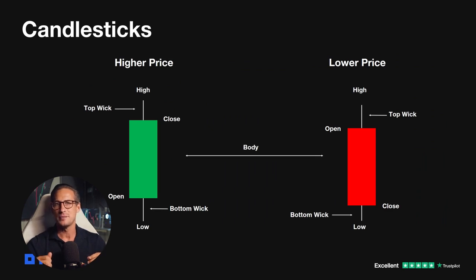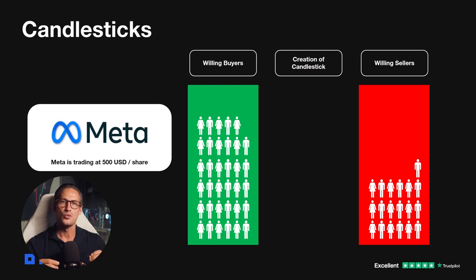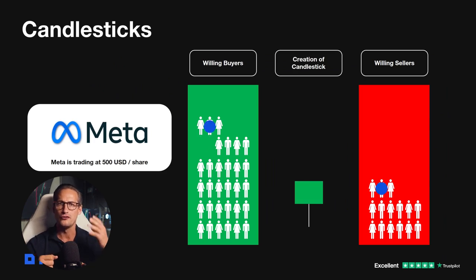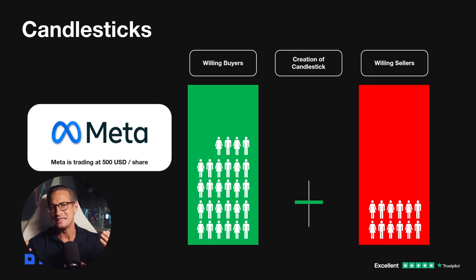Let's dive a bit deeper into candlesticks. Imagine we are looking at Meta, whose stock is trading at $500 per share. This price reflects the most recent transaction where a buyer and a seller were matched. For any given price, there's a pool of willing buyers, represented here in a green box on the left, and willing sellers in a red box on the right.